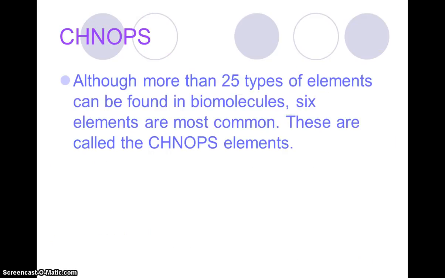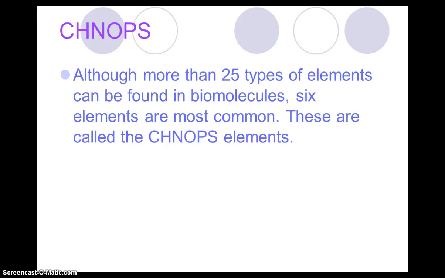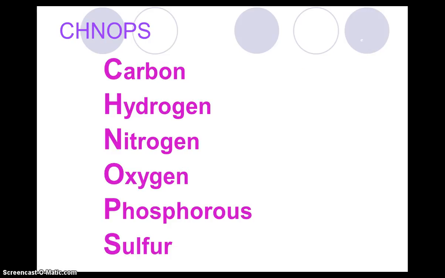Although there are about 25 common elements found in biomolecules, there are only 6 of them that are really, really common. 6 of them that you need to be familiar with. So let's look at these 6 more common elements: carbon, hydrogen, nitrogen, oxygen, phosphorus, and sulfur.